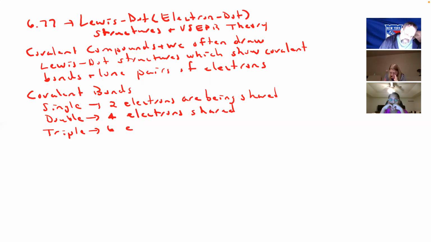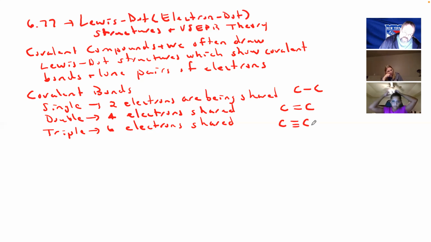And in a triple bond, 6 electrons are being shared. Carbon atoms, and you're going to see this in a few weeks, can form single, double, and triple bonds between them. Covalent bonds are usually indicated by lines: 1 line, single bond; 2 lines, double bond; 3 lines, triple bond, where each line represents the sharing of 2 electrons.